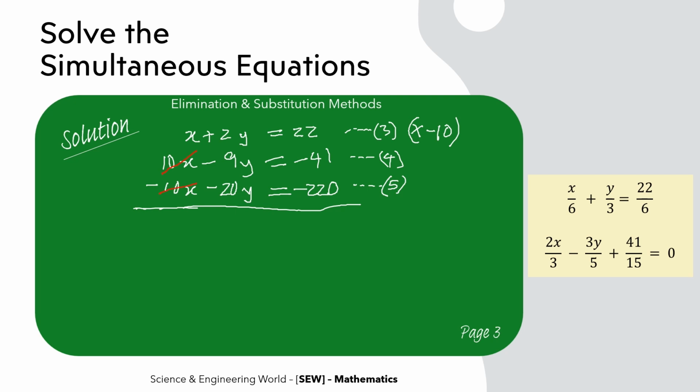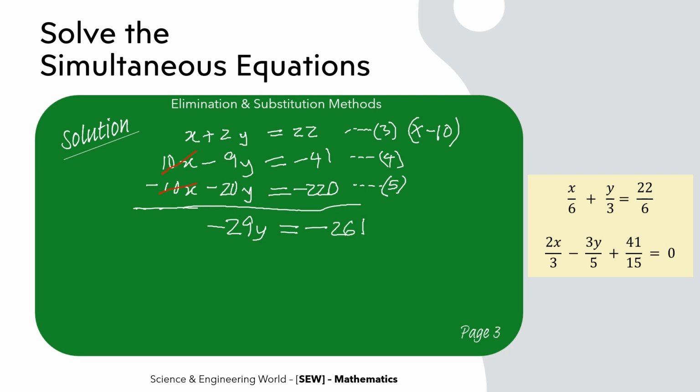And we now have minus 9y minus 20y, which gives us minus 29y. And this will be equal to minus 41 minus 220, which gives us minus 261.